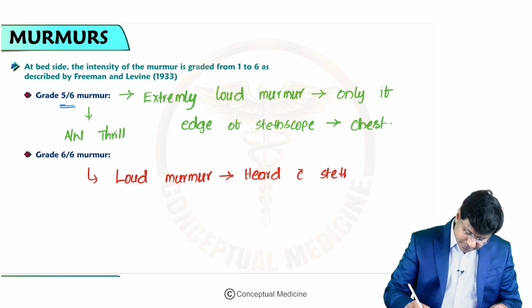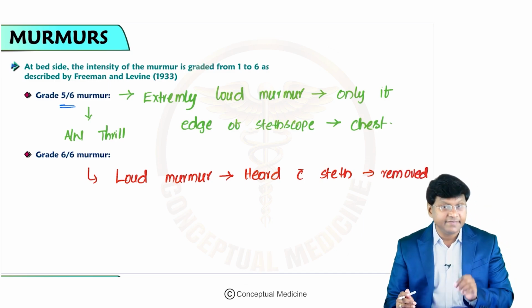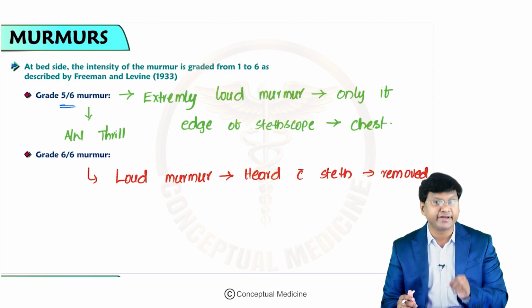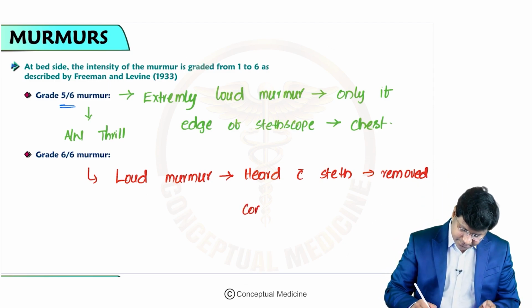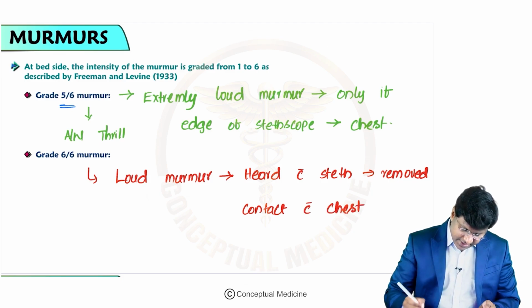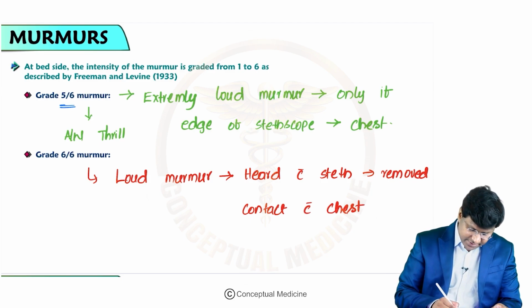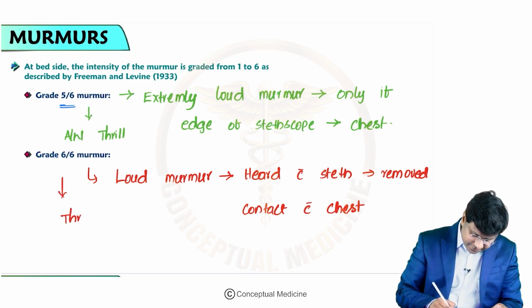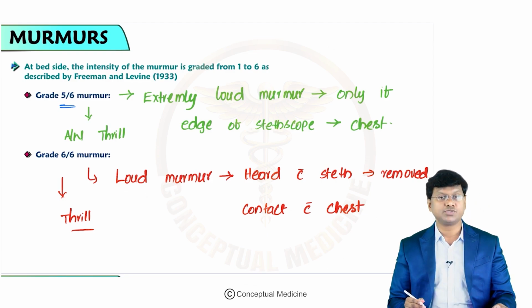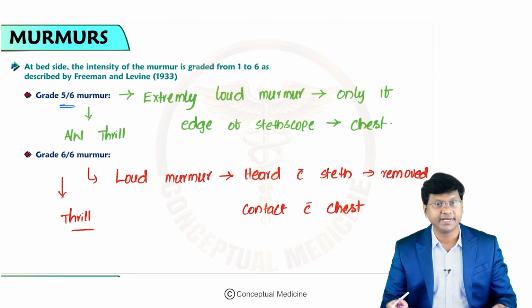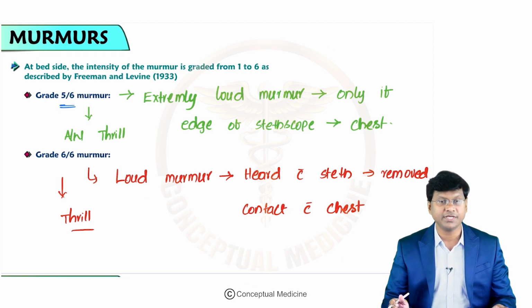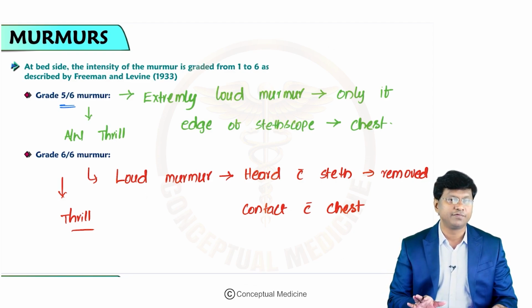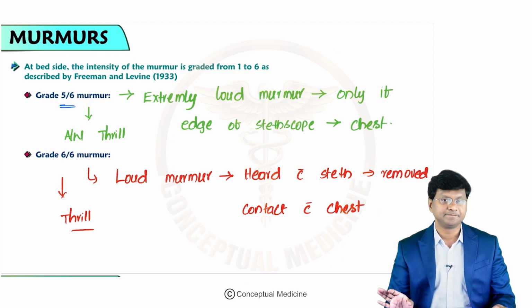Even though you have removed contact with the chest, it can be heard. And grade 6 by 6 murmur is also accompanied by thrill. So these are the grades of the systolic murmur given by Freeman and Levine.